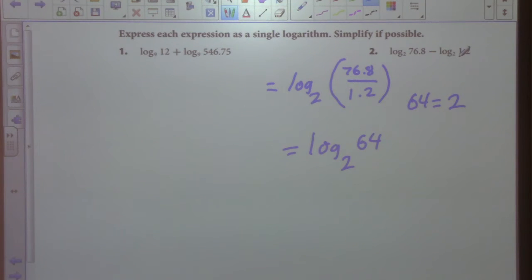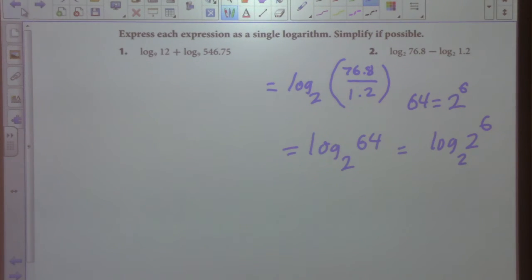64 is 2 to what power? You can just count on your fingers, right? 2, 4, 8, 16, 32, 64. So 2 to the what power? 6. Okay, so now we can write 64 equals 2 to the 6th power. So equals log base 2 of 2 to the 6th power.